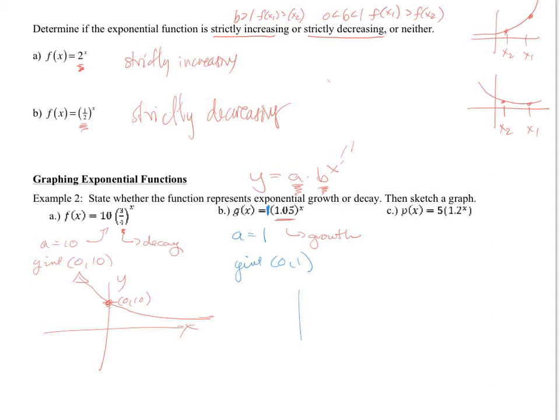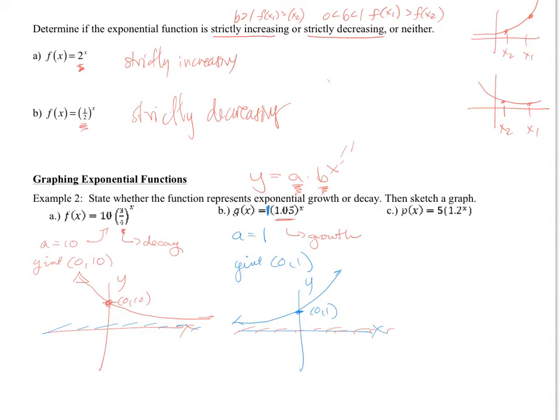So if I wanted to sketch a graph of this function, again, plot the y-intercept and show that it's exponential growth. Again, we should keep in mind there is a horizontal asymptote on the x-axis because there's no transformation shifting this exponential function up or down.